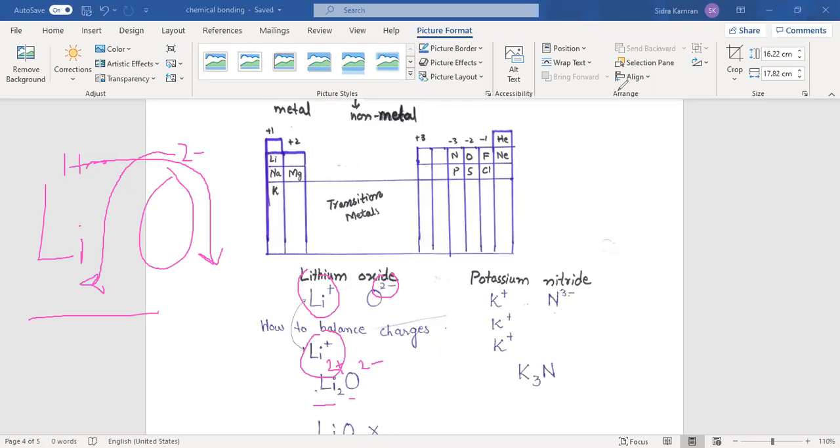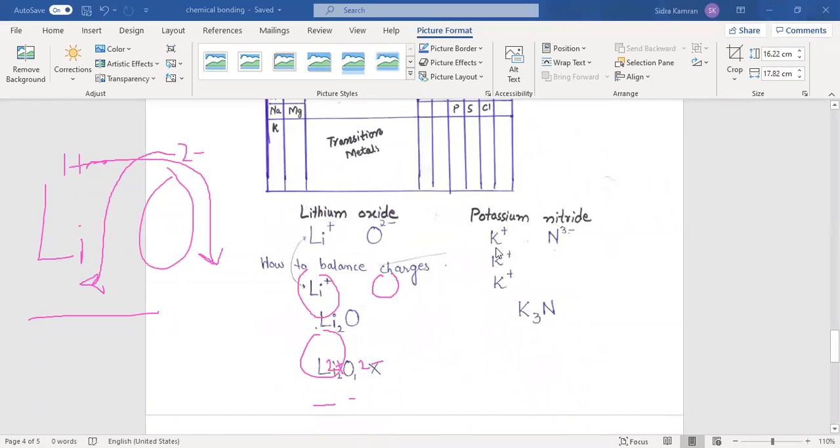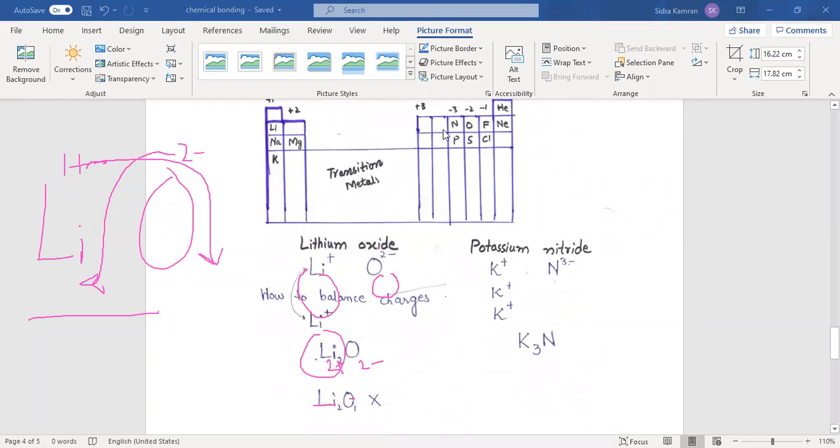Now take another example, potassium nitride. Potassium is K and nitrogen is N, with -3. Why is this -3? Because you can see that the elements of this group have a valency of 3 minus. So that's why I have written 3 minus here, and potassium is from group 1. Here you can see group 1. So that's why potassium has a +1 valency.